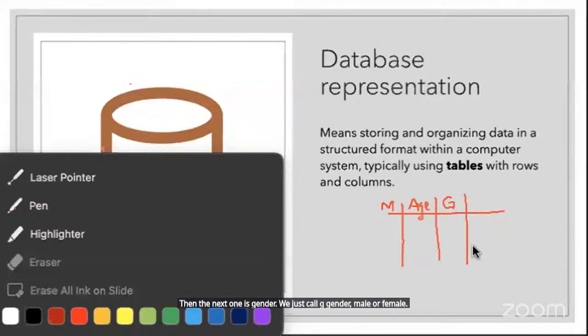Let's say state of origin, etc. So this is a table called students.